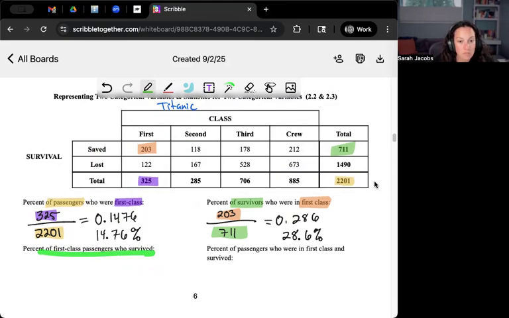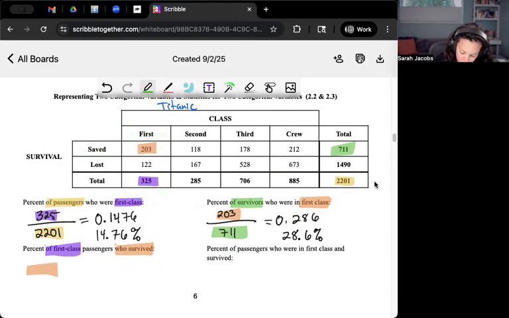Great. Option 3, percent of first class passengers. So first class passengers is our denominator. So of first class passengers who survived. So once again, we're looking at both survived and first class. And we can make our fraction.